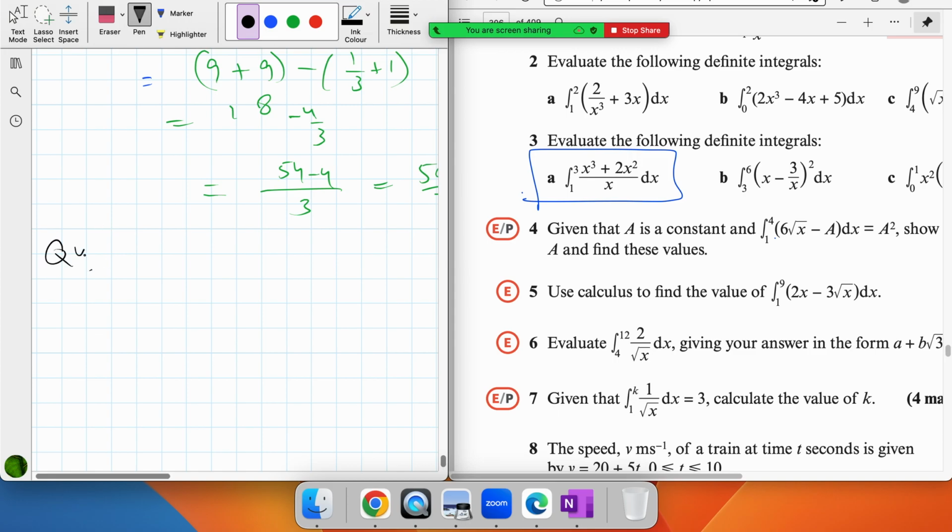So question number 4 is the integral from 1 to 4 of 6 square root x minus a, whole dx, is equal to a square.